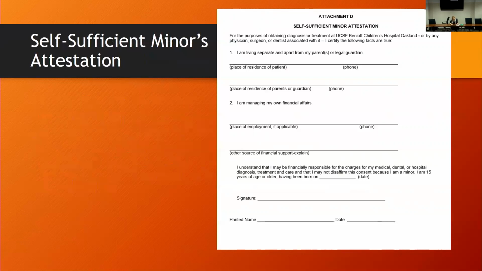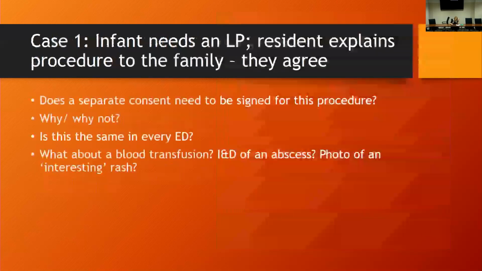The law specifically states that you are not encouraged to try to have them prove it and delay care, because you're doing the right thing for them. You're allowing them license to get care, and they will be financially liable for all the care that they get.